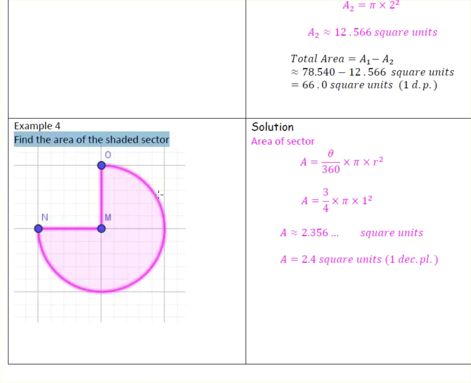And the radius here is 1 unit. So 3/4 times pi times 1 squared, which gives us approximately 2.356 square units, which we can round to 2.4. So if we use theta over 360, this angle would actually be 270.